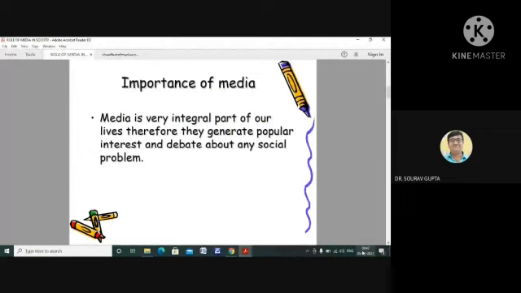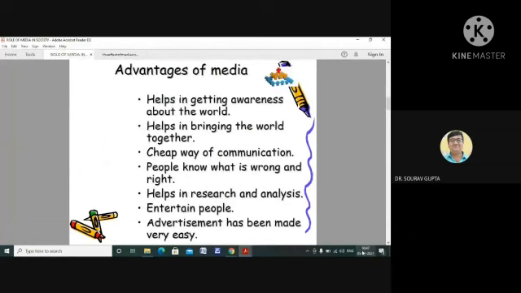And this is the point about debate and arguments, which I have already mentioned. Awareness, we have discussed, helps in bringing the world together. COVID is the prime example. Cheap way of communication is, I think, very important. Earlier, I remember when I had to call up my relatives in other states, I had to pay STD charges, station trunk dialing.